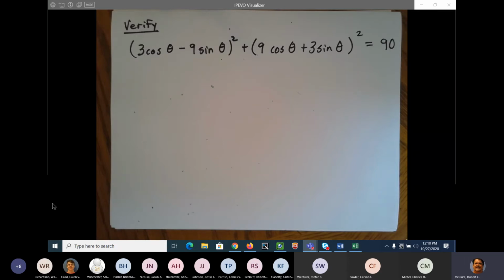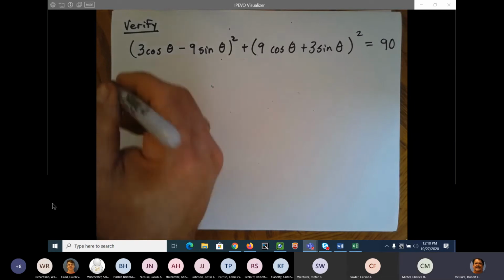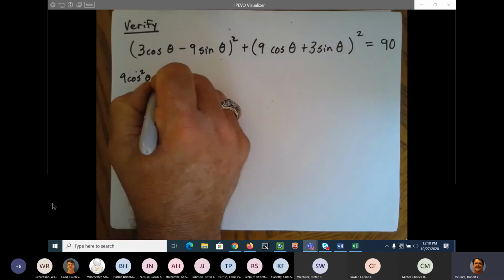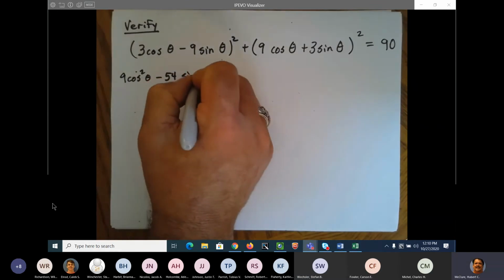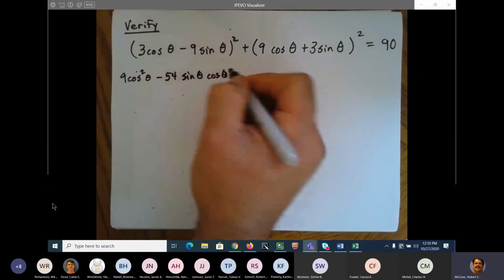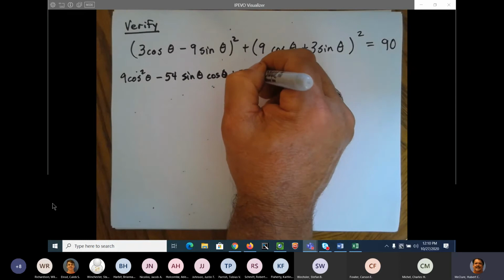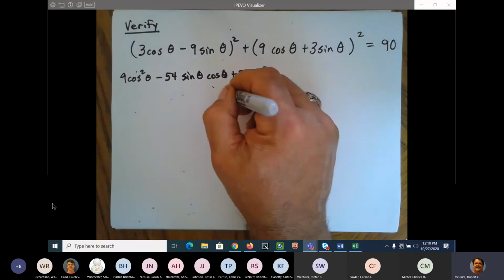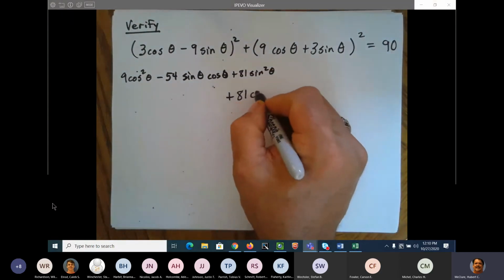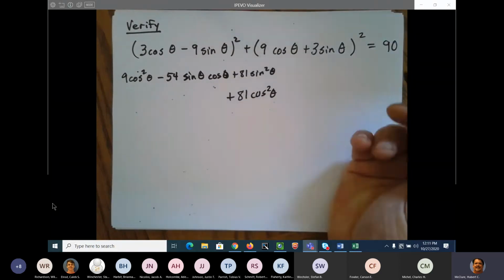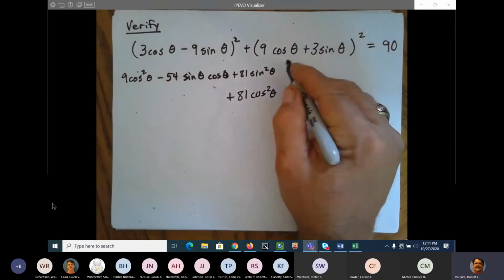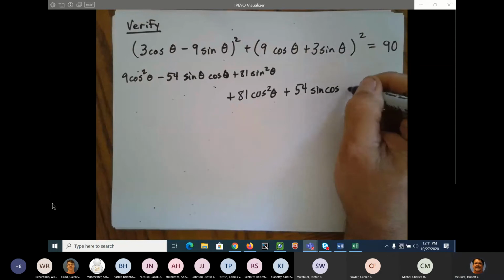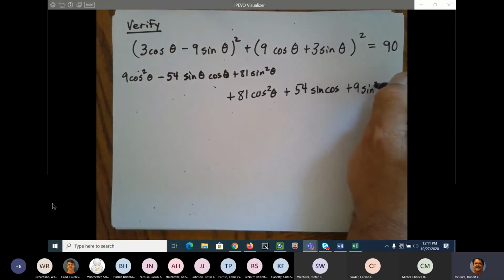Y'all ready to change them into trinomials? 9 cosine squared theta minus 54 sine theta cosine theta plus 81 sine squared theta plus 81 cosine squared theta plus 54 sine cosine plus 9 sine squared theta.